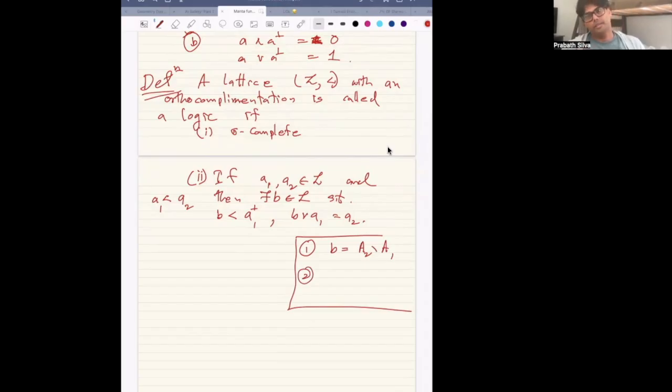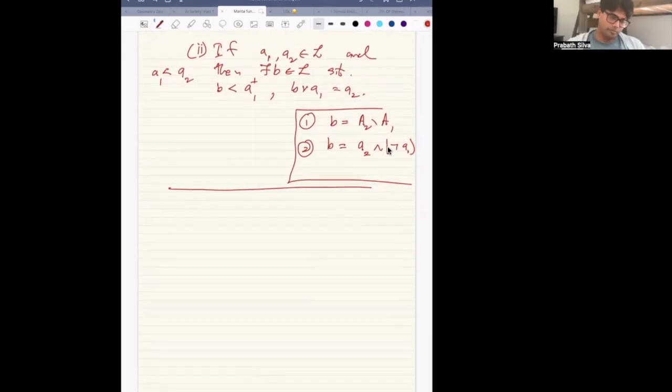And if you think of the lattice of propositions, which you haven't gotten to yet, then this B is the proposition A2 and not A1. These are two particular examples, and it is what we call the logic of a mechanical system.